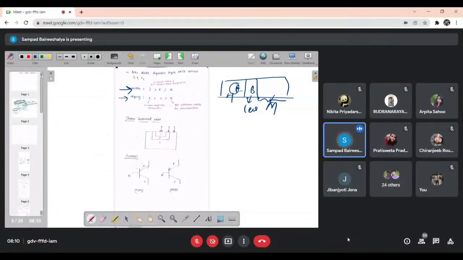If you go for the cross-sectional view of this transistor, you can see one region here, another sandwiched semiconductor, and again another material. If I consider NPN, the first one is N, this is P, this is N. If I consider PNP, this will be P, this will be N, and this will be P. And from each of the sections, I am taking one ohmic contact. Ohmic contact means terminal. One will be emitter, base, collector. Is that clear?